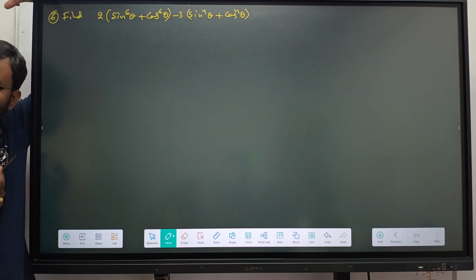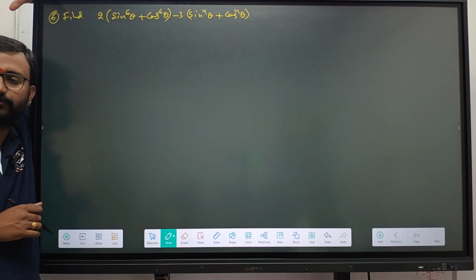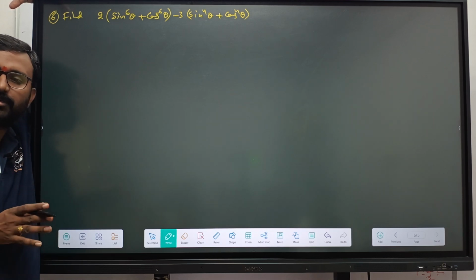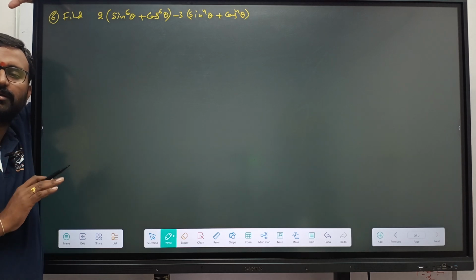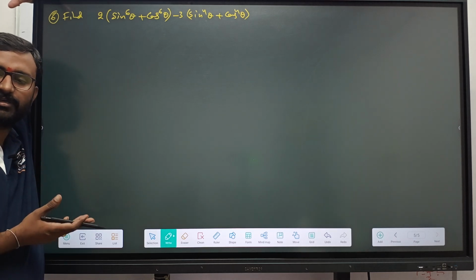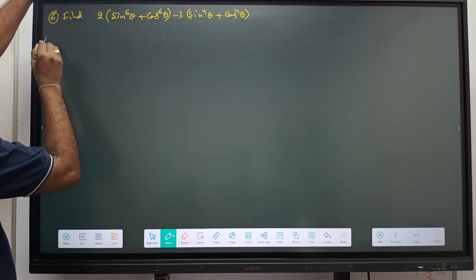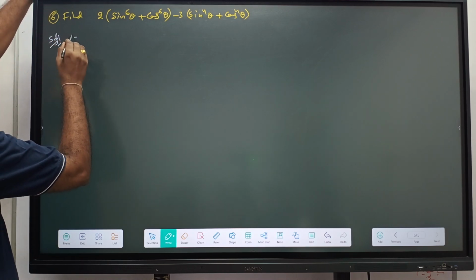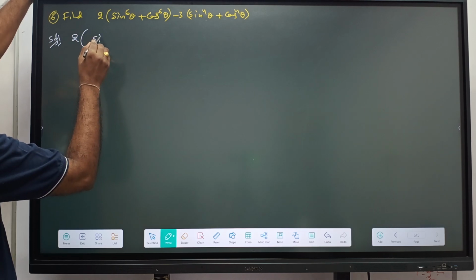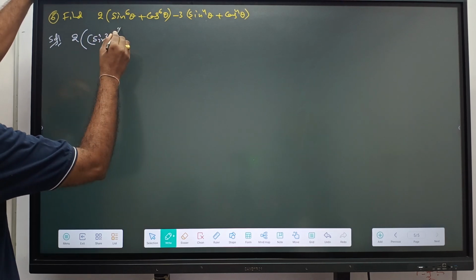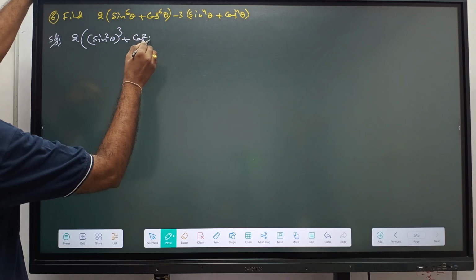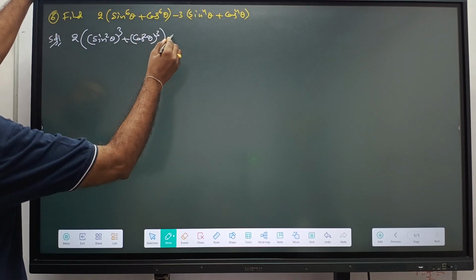These are all algebra formulas from 8th class. Very, very important, not only in trigonometry, not only in differentiation, anywhere. Okay, I will tell you the solution. We can write it as sin square theta whole cube plus cos square theta whole cube. Can we write?